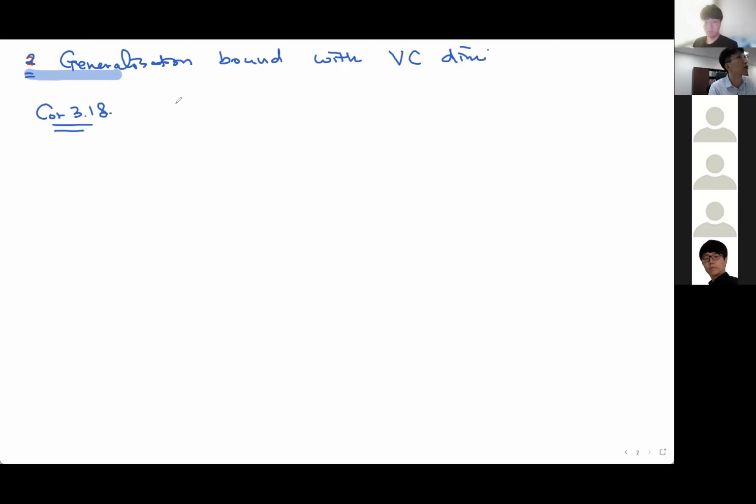What does corollary 3.18 say? If the VC dimension of our hypothesis class is equal to d, then we can bound the growth function: Pi_H(m) is bounded by (em over d) to the d. So that is the result.